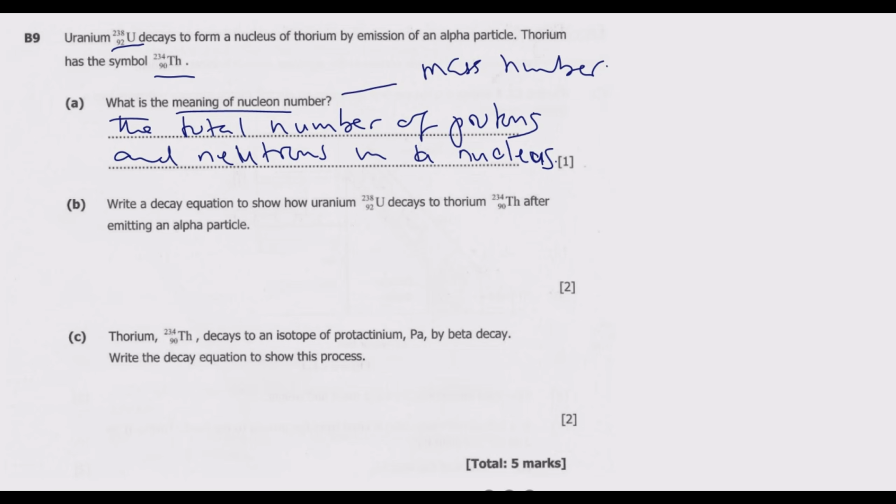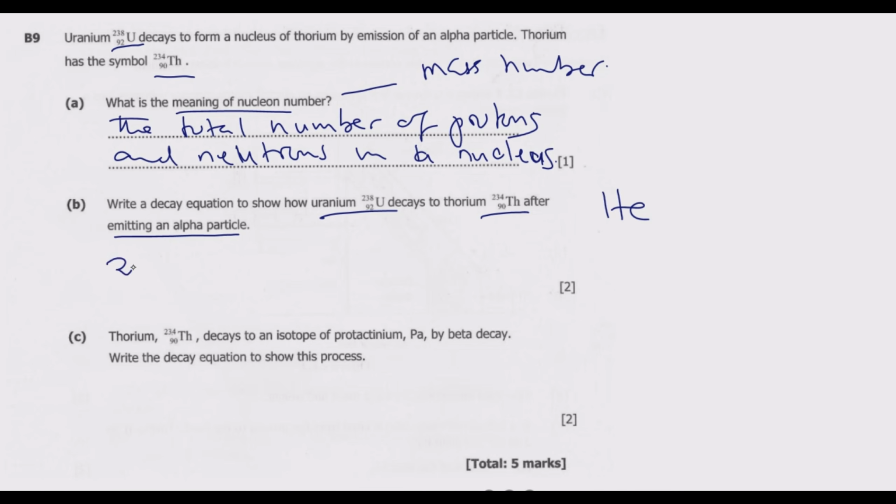We go to B. Write a decay equation to show how uranium decays to thorium after emitting an alpha particle. So an alpha particle is basically helium. We just need to show this decay.